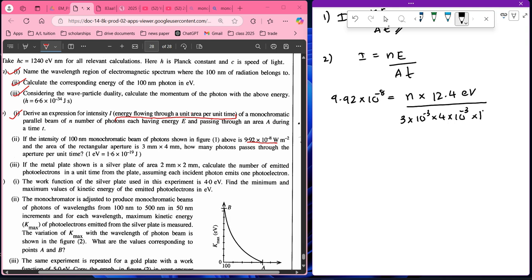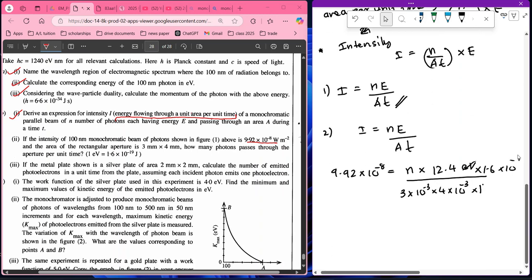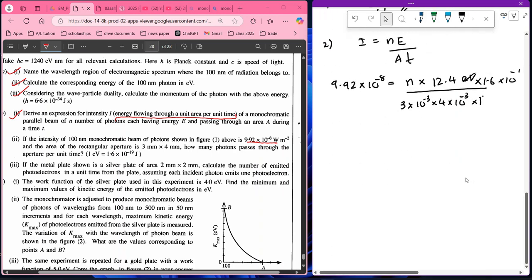Here they have given the value for eV, so we better remove this eV and substitute 1.6 into 10 to the power minus 19 joules. Now substitute the values in here.